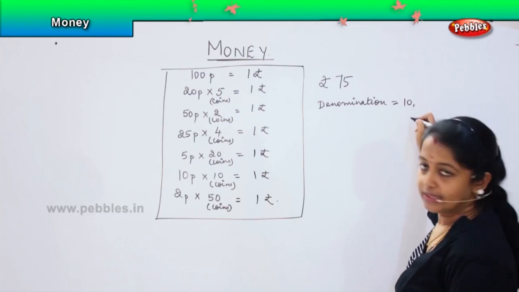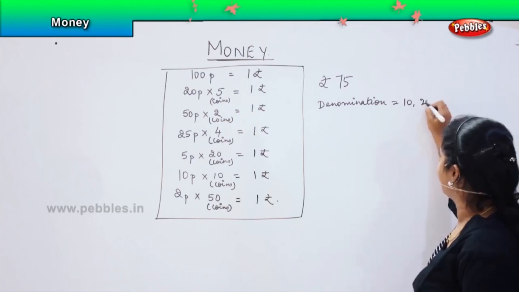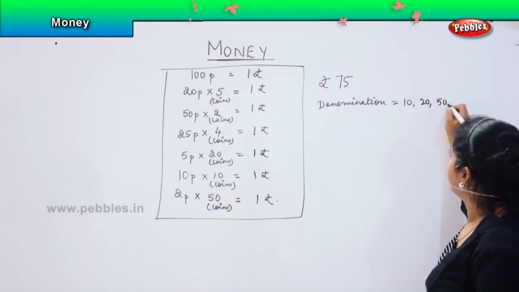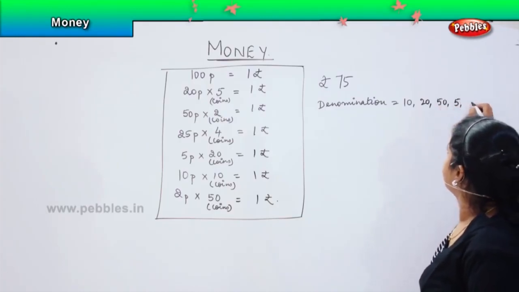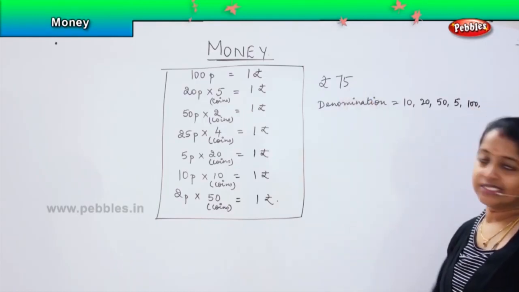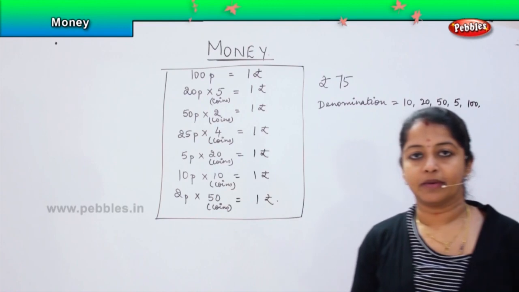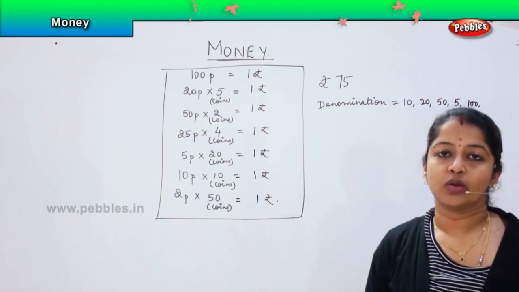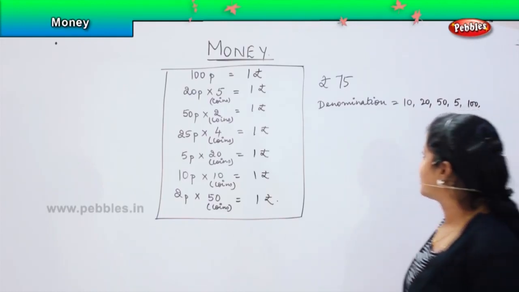Then I have a denomination of 20 rupees. I have a denomination of 50 rupee. Then 5 rupee, 100 rupee. Right. So how will I calculate 75? If I have to purchase a product which is worth 75 rupees, how am I going to give the money? So what are the chances?